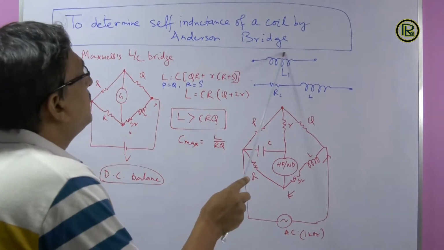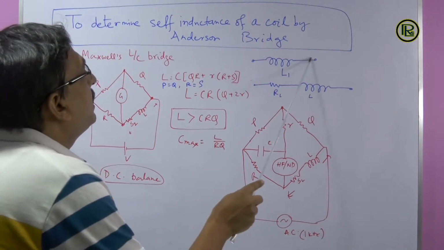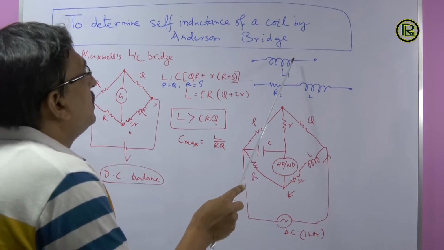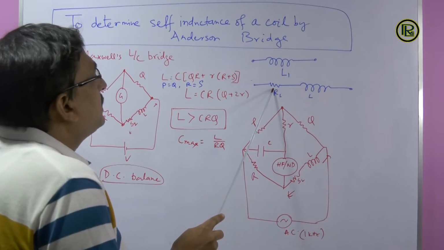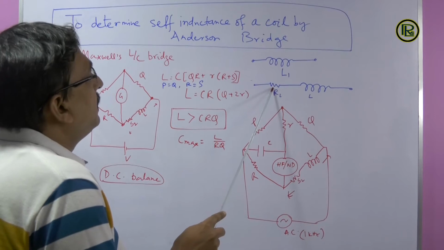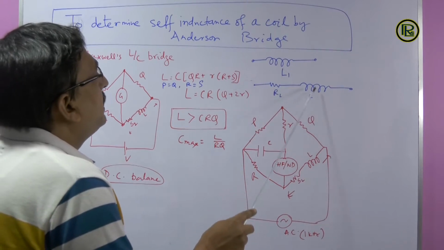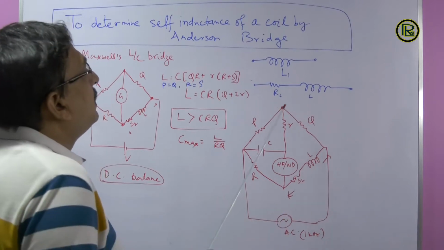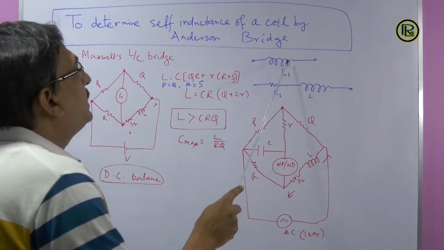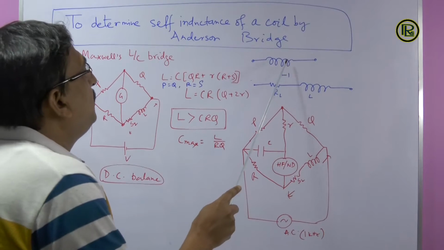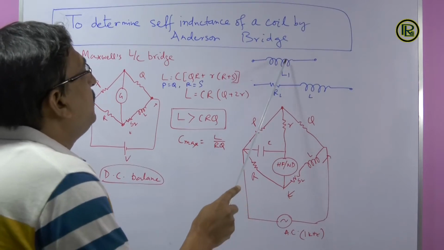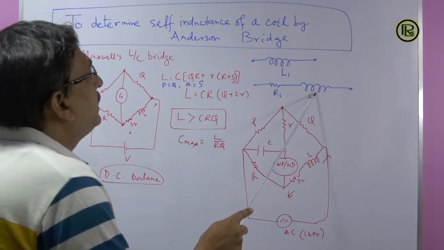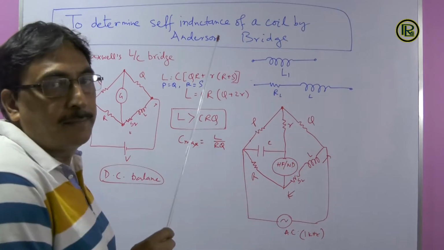So, this inductor has some resistance also. That resistance I am putting separately, and the pure inductor I am putting separately. This is the representation of a practical inductor, or impure inductor. So, impure inductor is equal to pure inductor plus some resistance.